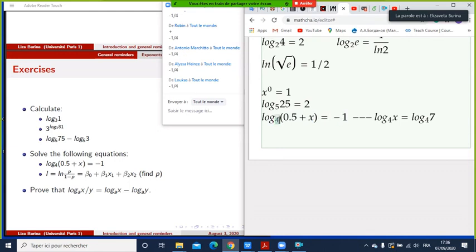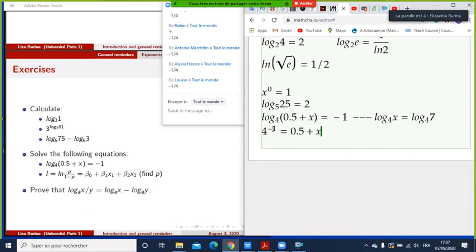So we raise 4 to the power of minus 1 and we get this: 4 to the power of minus 1 is 0.5 plus x. Okay, great.